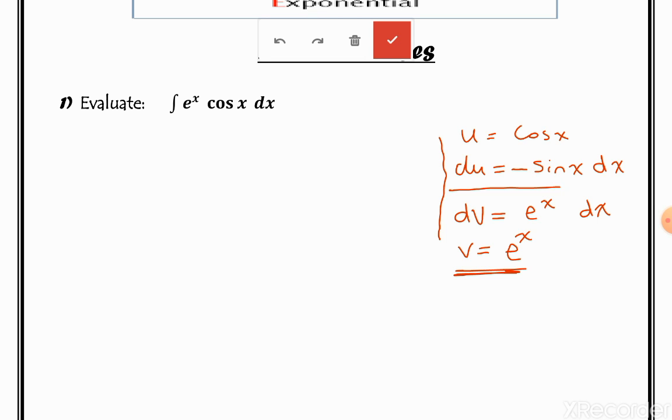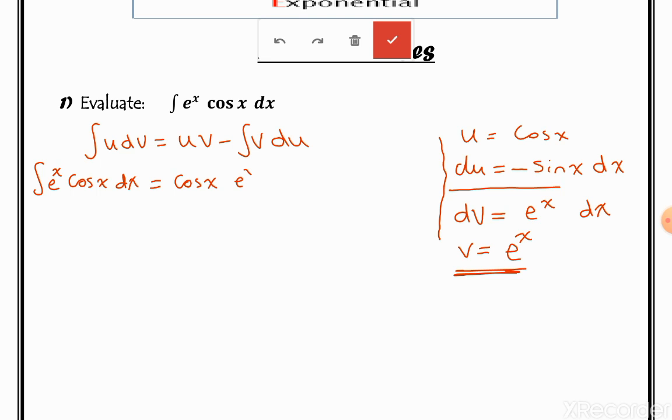Then substitute in the formula, which is the integral of u dv equal to uv minus the integral of v du. So my answer will be: the integral of e to the power of x cosine x dx is equal to u, which is cosine x, times v, which is e to the power of x, minus the integral of v, which is e to the power of x, times du, and du is negative sine x dx.